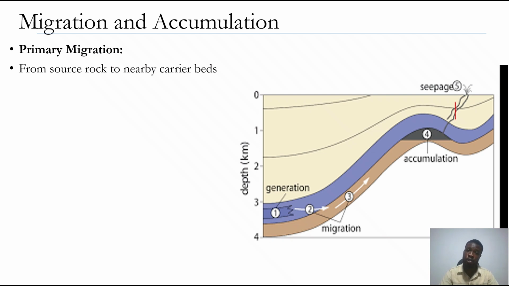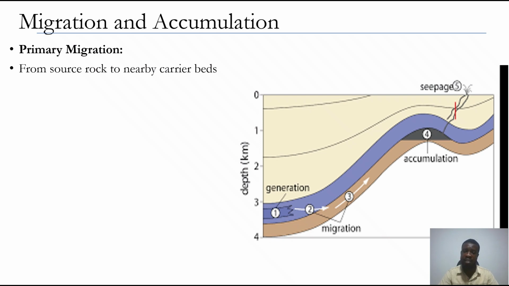It's just migration from the source rock to a nearby carrier bed. The source rock has other formations closer to it, and because of an increase in pressure, eventually these hydrocarbons move out of the source rock to a nearby formation. This first movement is what we call the primary migration.